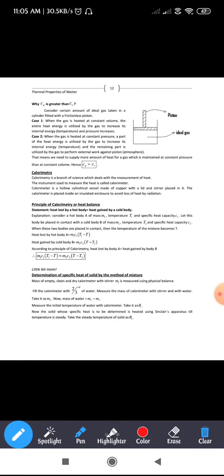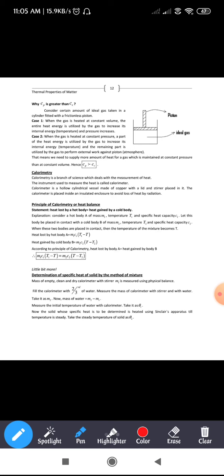Next, we also went through why Cp is greater than Cv, right? So why is it that Cp is greater than Cv? Take an ideal gas enclosed in a cylinder which is fitted with a frictionless piston. Okay. So what happens when you supply the heat? It results in an increase in temperature. Okay.